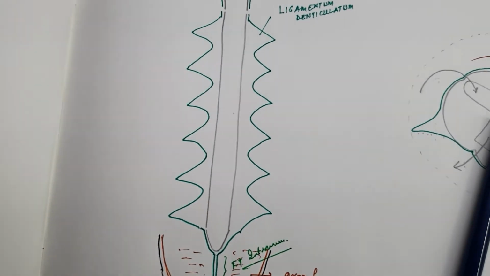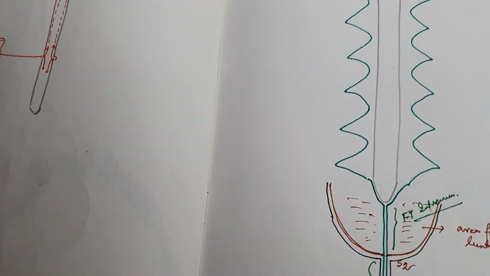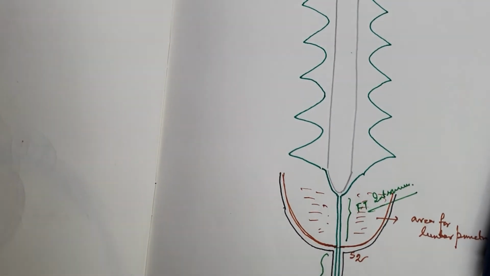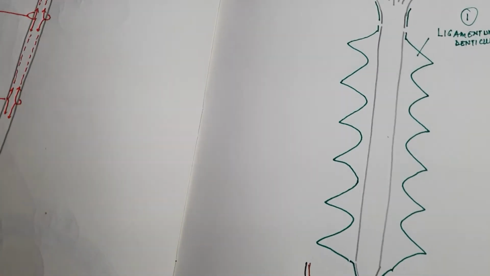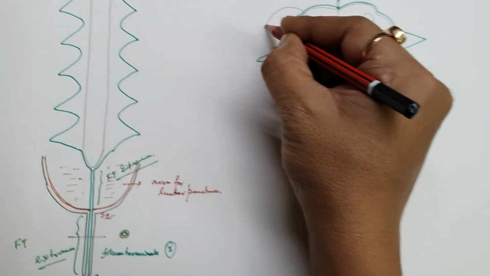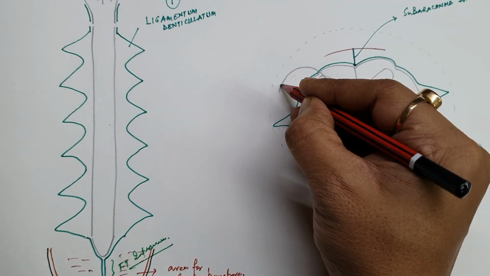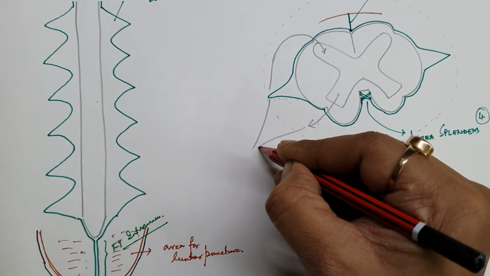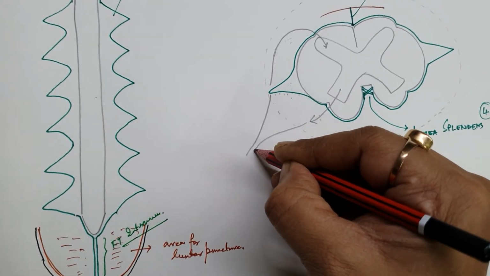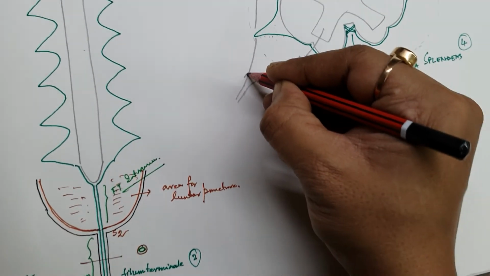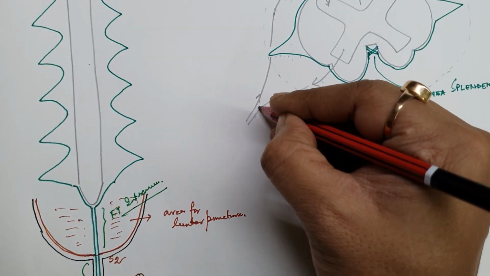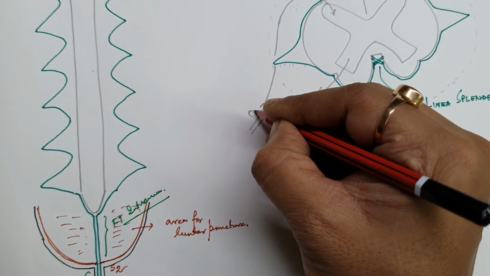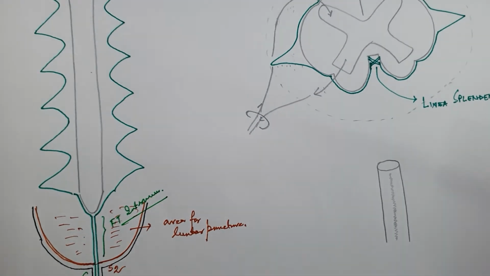On the lateral side, if this is a spinal nerve, sensory and then motor, these two finally meet together to make the spinal nerve, which comes out through the intervertebral foramen.